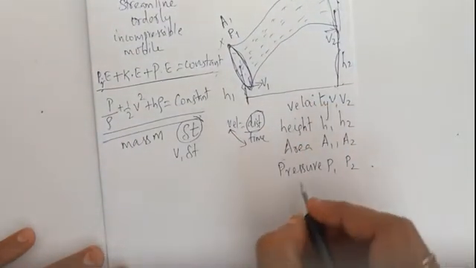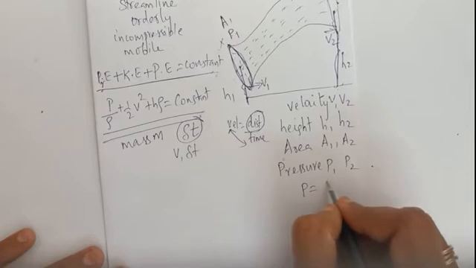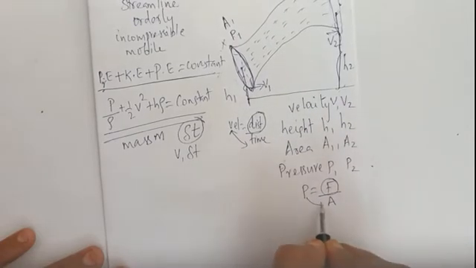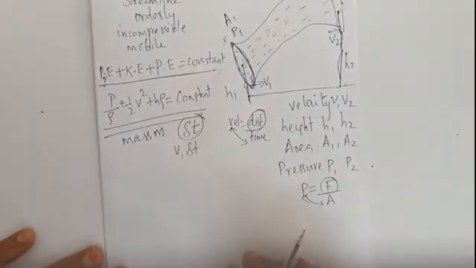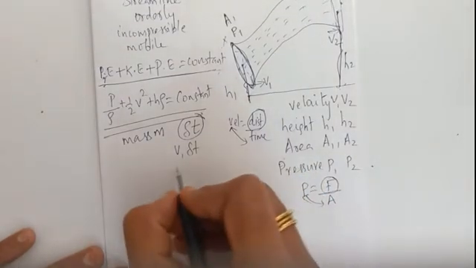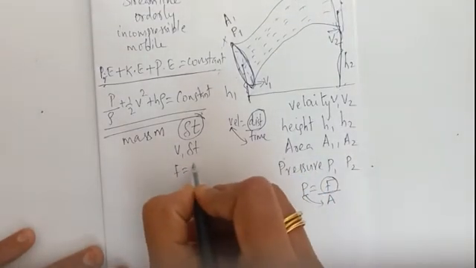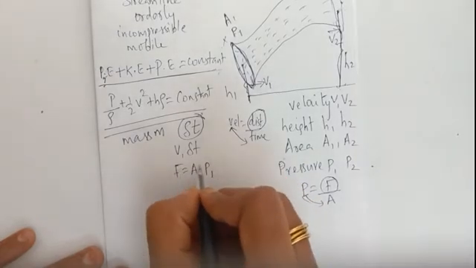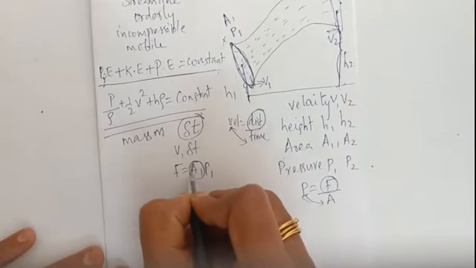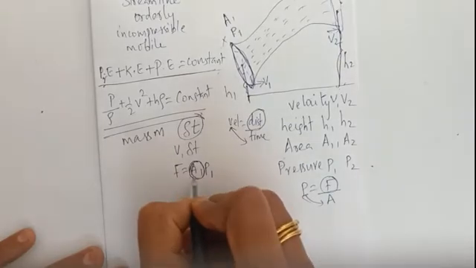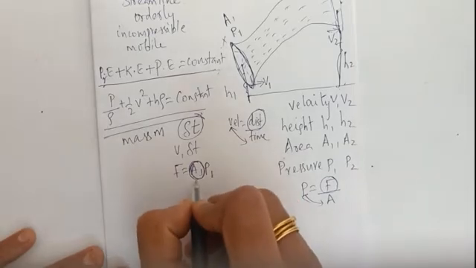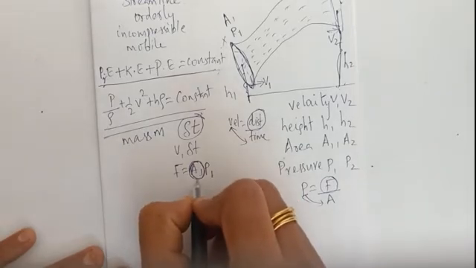What is the force? We know pressure is equal to force per unit area, so force is equal to pressure into area. The force acting over this area A1 is A1 into P1, that is pressure into the area of this region.